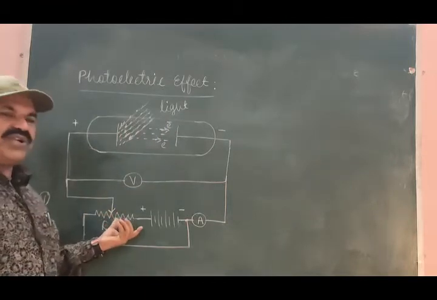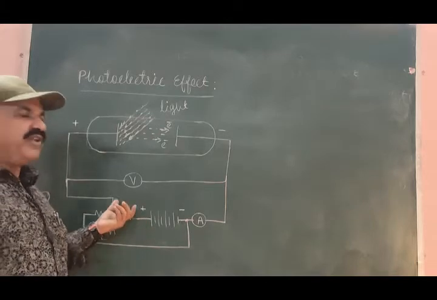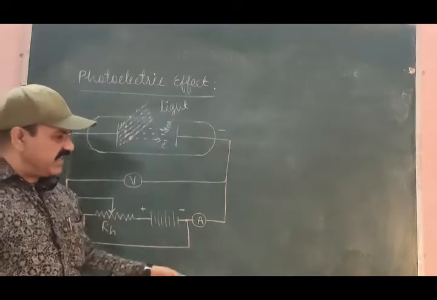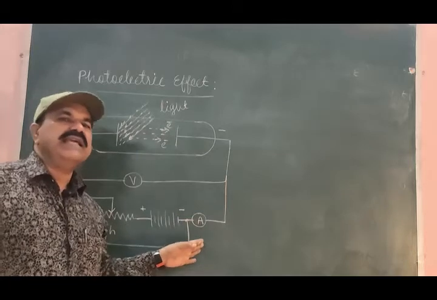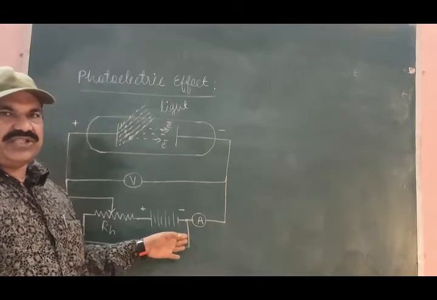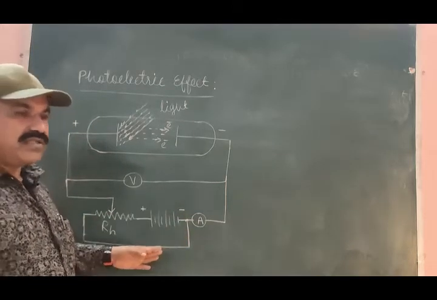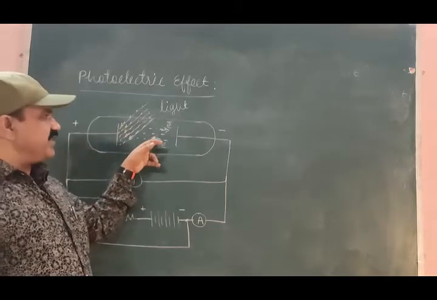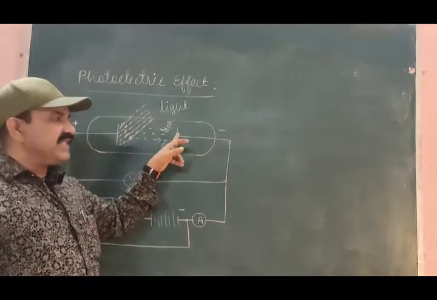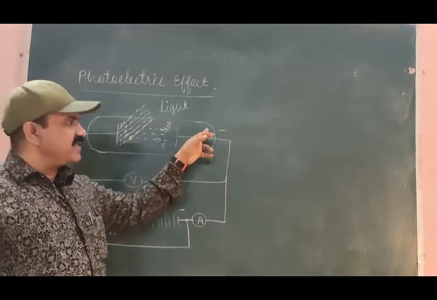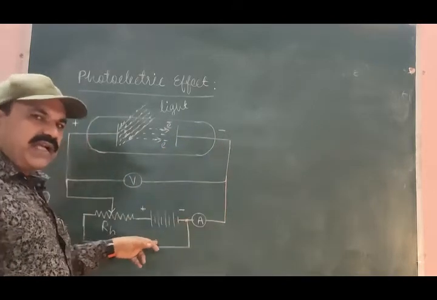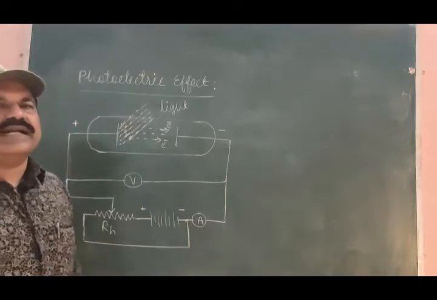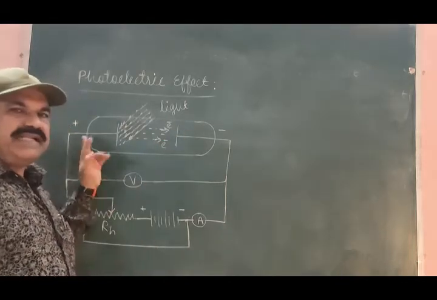When the retarding potential is small, we find that current is shown by the ammeter. This current is flowing because the photoelectrons emitted from this metal surface get collected at this metal surface. They flow through the external circuit and the path is completed.